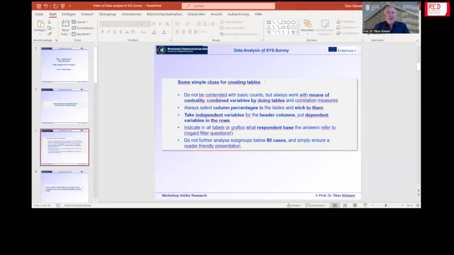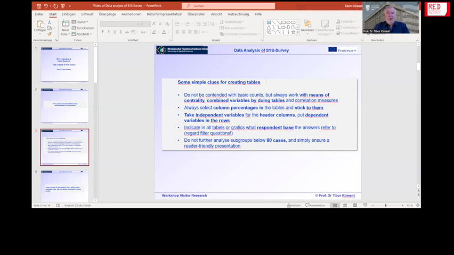Doing tables is a very easy thing. Everybody can do this, and you do not need any statistical background. Because of this, in this little video, we'll concentrate on the interpretation and construction of tables in doing data analysis.